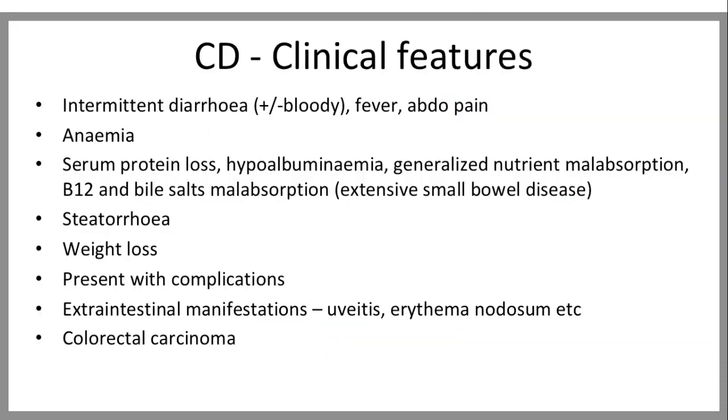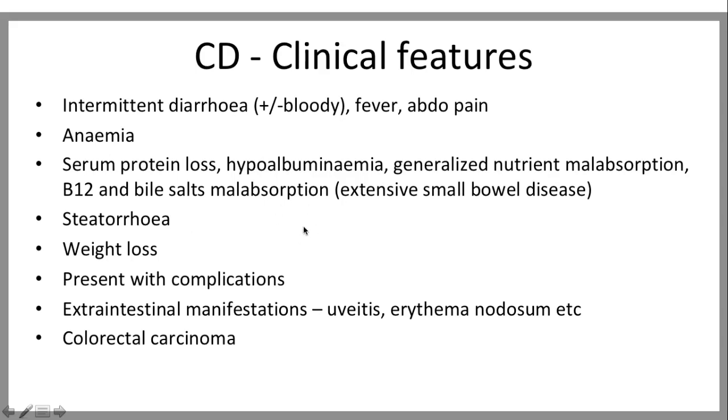So clinically, Crohn's disease can present with several features such as intermittent diarrhea, which may be bloody with fever, abdominal pain. Sometimes patients present with complications of the disease such as anemia, or you can have serum protein loss, hypoalbuminemia, nutrient malabsorption, steatorrhea, weight loss.